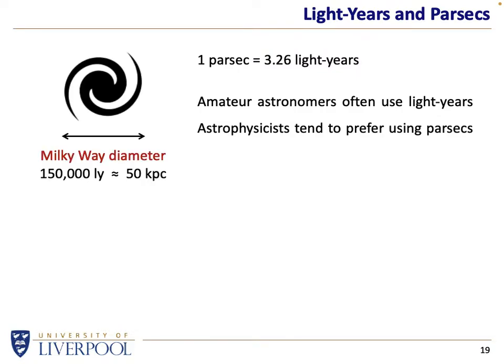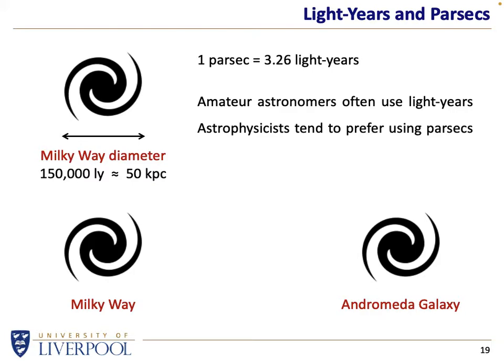So just as a rough sort of yardstick, if we think about the size of the Milky Way galaxy, it's about 150,000 light years across, which is about 50 kiloparsecs. And the distance from one galaxy to another, well, that can vary, but if we think about how far it is from our Milky Way galaxy to our neighboring galaxy, the Andromeda galaxy, that distance is about 2.5 million light years, and so that's about a megaparsec.